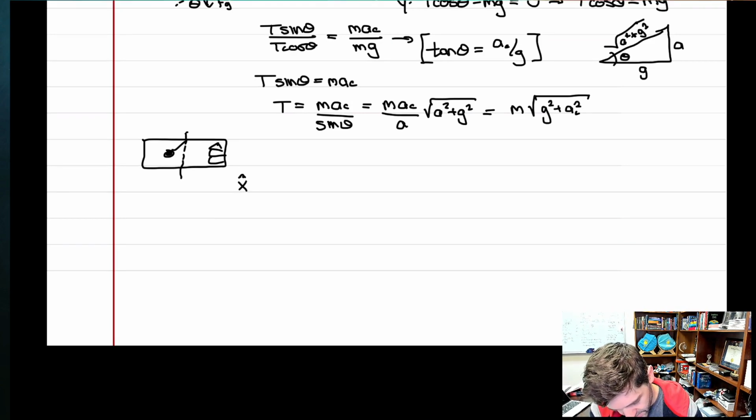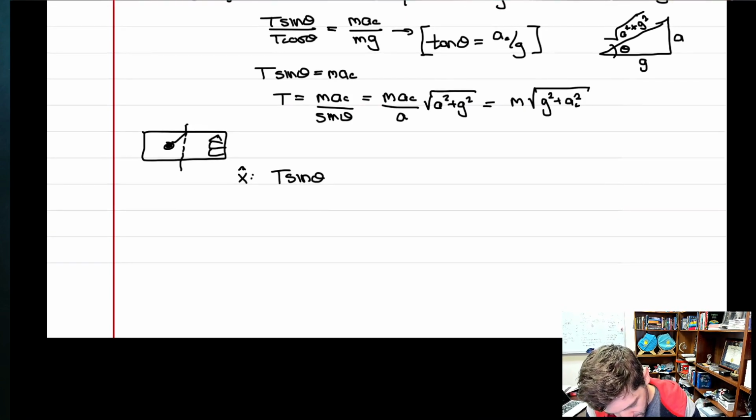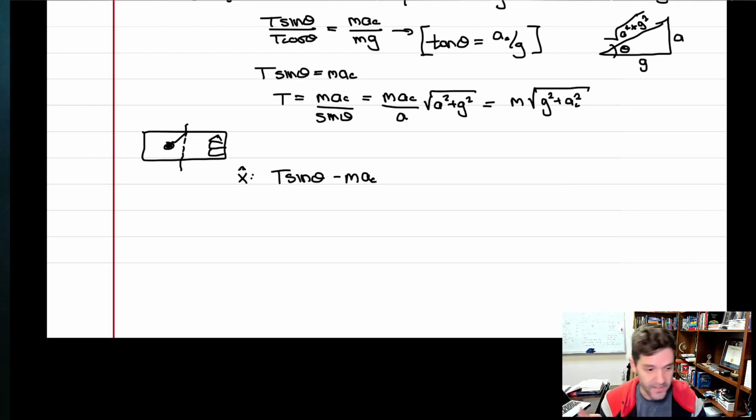So in the x direction, the real force that they identify is T sine theta again, towards the right. But then they're going to add the fictitious force, minus m times a_car. Since the acceleration of the car is to the right, which we're calling the positive direction, and it's only in the horizontal, it's just minus m times a_car.